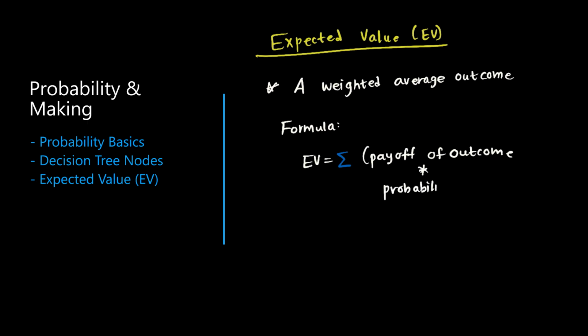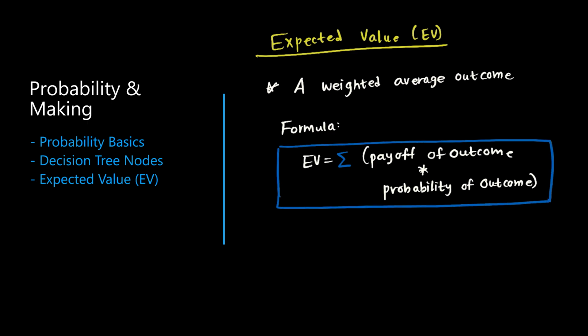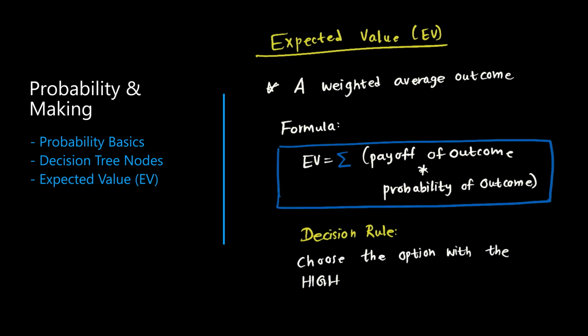For each choice, you go to its outcomes, and for each outcome, you multiply its financial payoff by the probability of it happening. Then you add all those results together. This gives you the expected value for that one choice. You repeat this for every single choice you could make at the start. Once you have the EV for all of them, the rule is simple. You choose the option with the highest expected value.